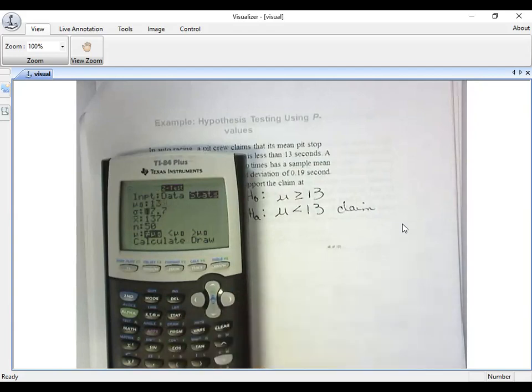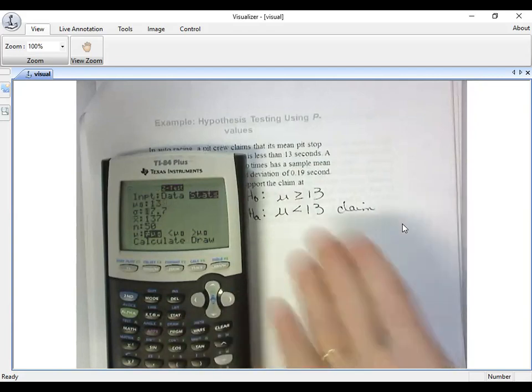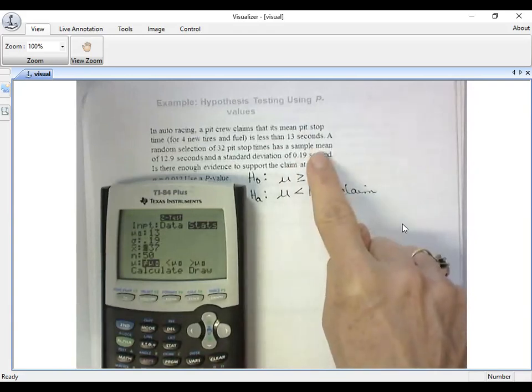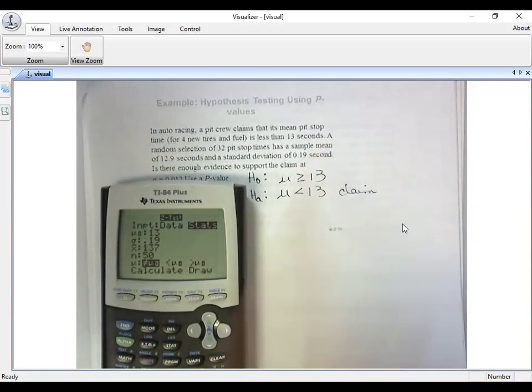Now, your sigma comes from what the standard deviation is in the problem. It looks like it's 0.19. Your x bar is what their sample mean was, and it's how much? 12.9. How many are in our sample? 32. That's my n.